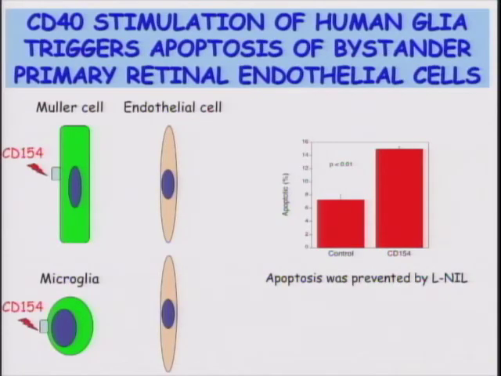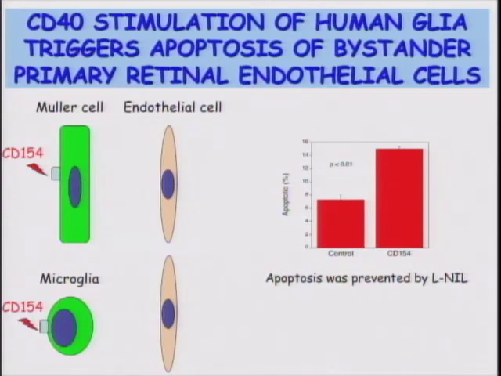The development of acellular capillaries is thought to be due to the loss of endothelial cells by cell death that has features of apoptosis. So we wanted to know whether CD40 could drive apoptosis of endothelial cells. We found that if we were to engage CD40 directly on endothelial cells, this would not lead to apoptosis of these vascular cells.